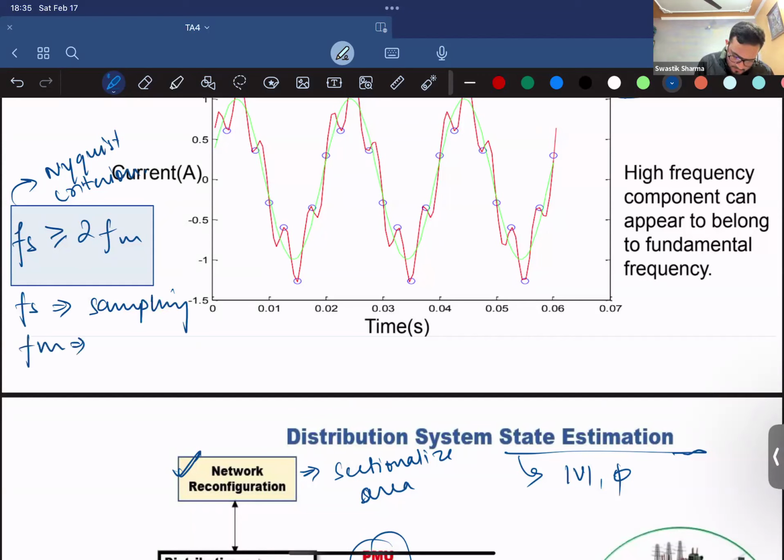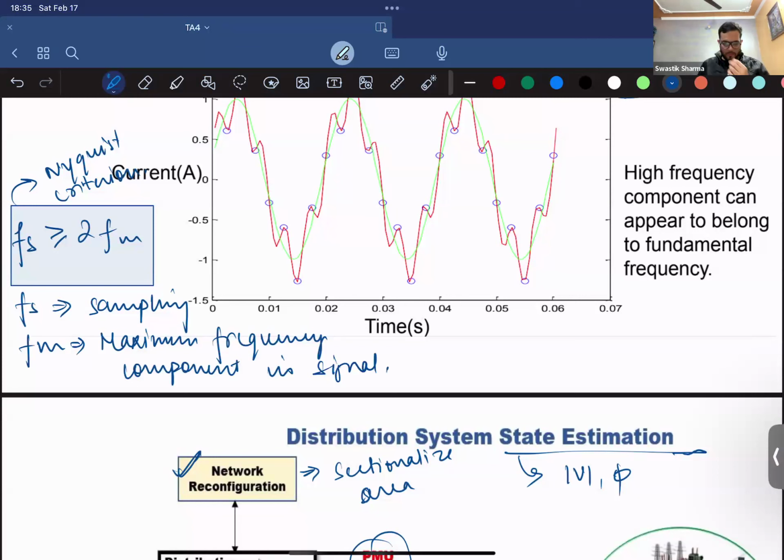If you do this, you can assure that your signal won't have aliasing.